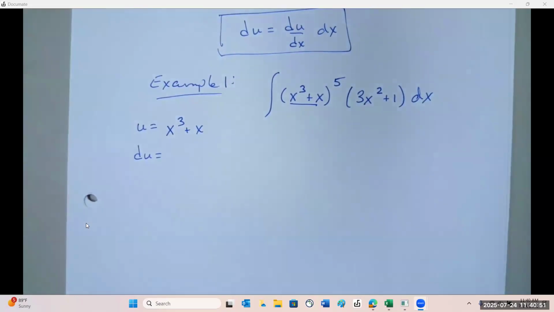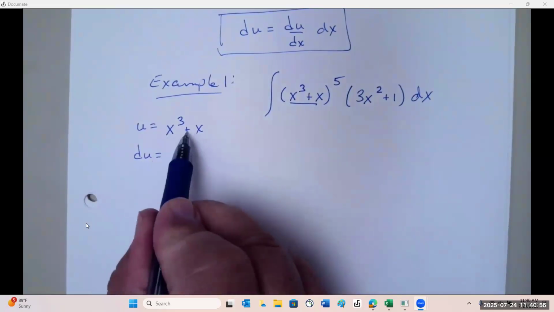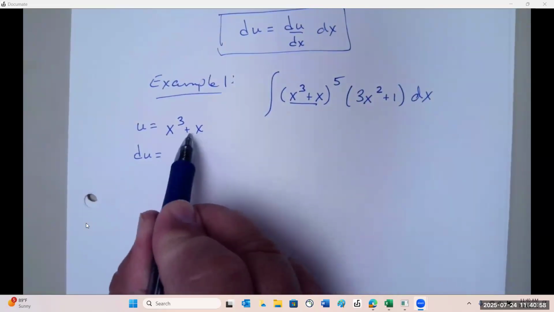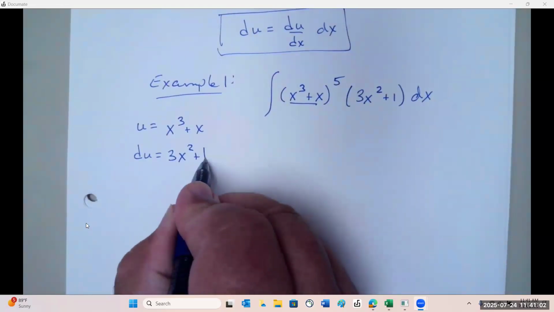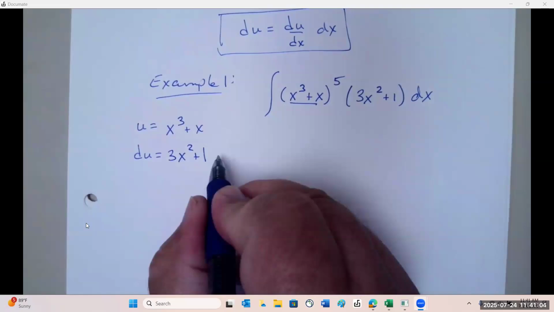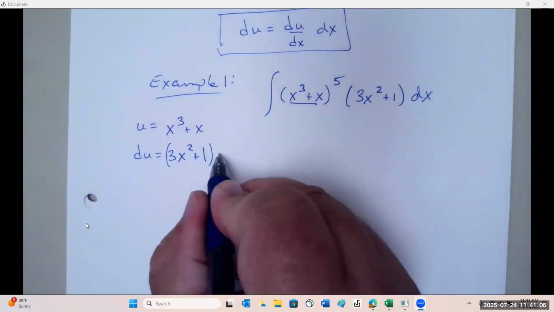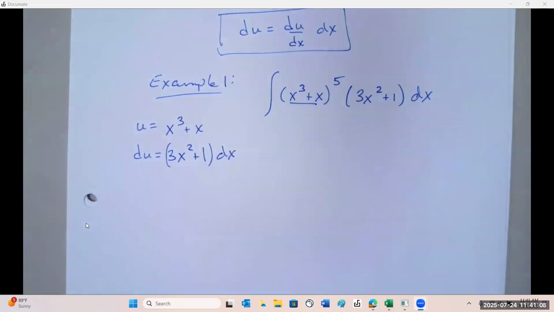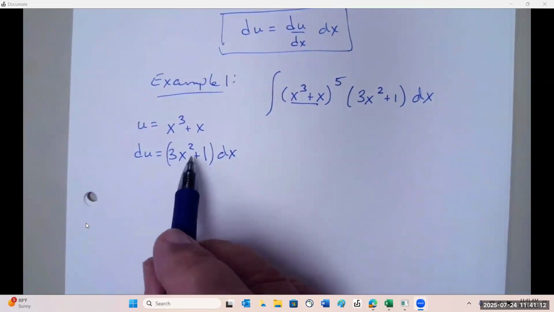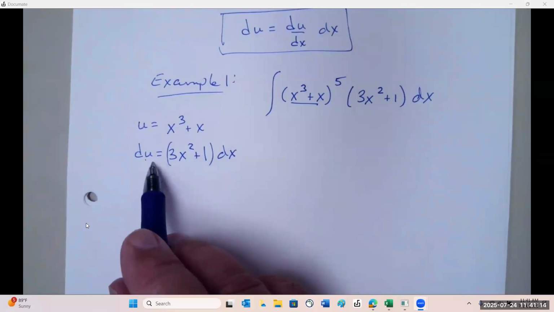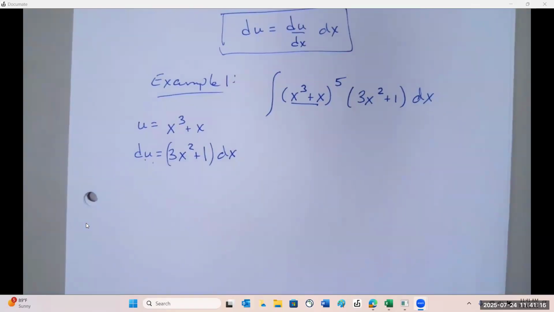Why is that? Because when you take the derivative of it, you have to make sure that the du part is in your equation.